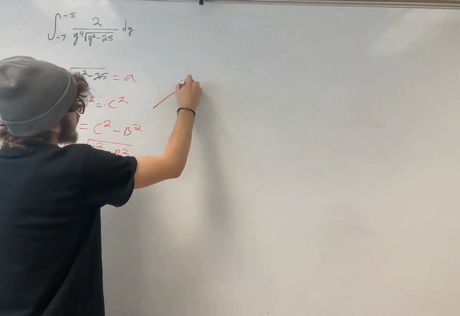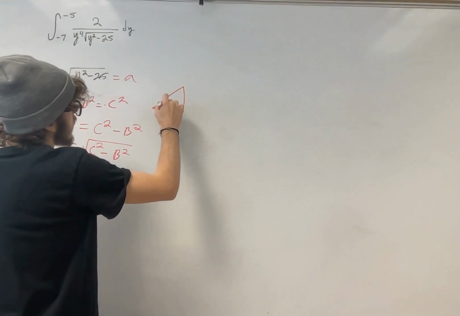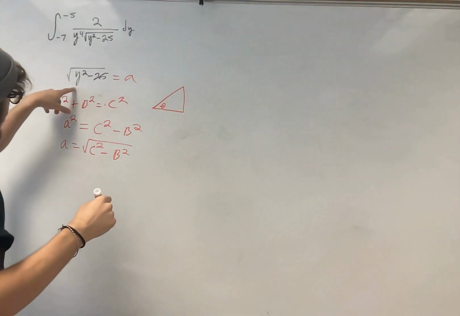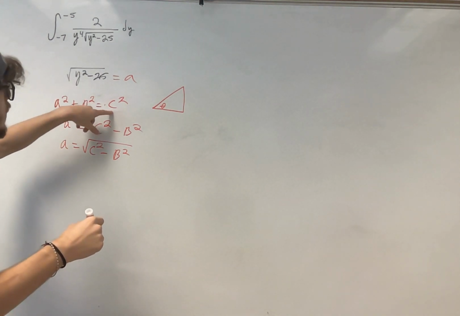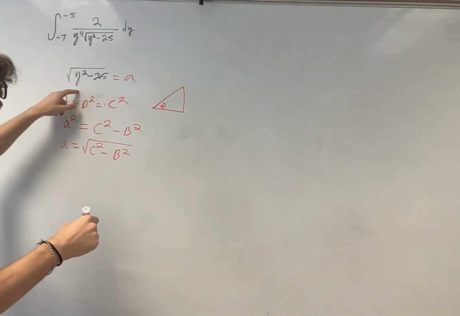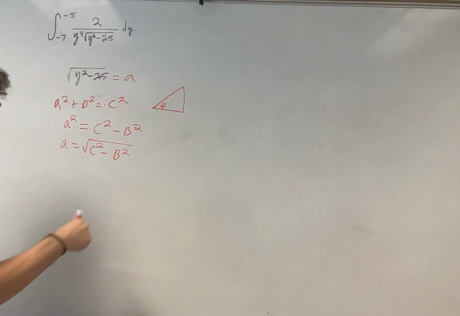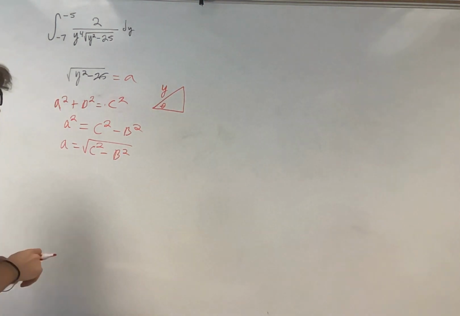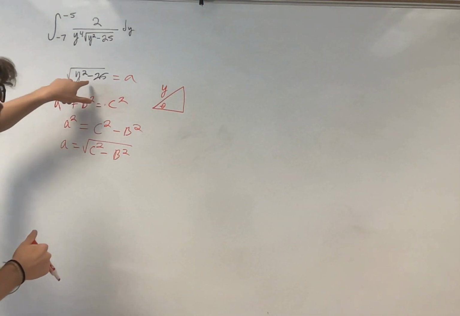So if we have a triangle here, and we have this angle theta, notice that y is representing the hypotenuse here. So this y term is the hypotenuse, and 25 is one of the legs.